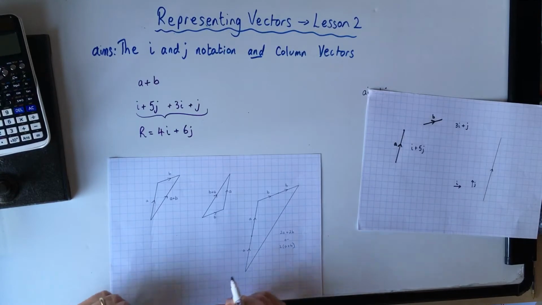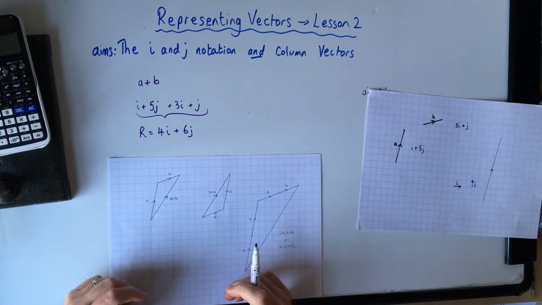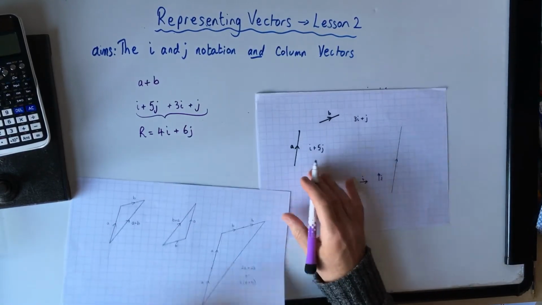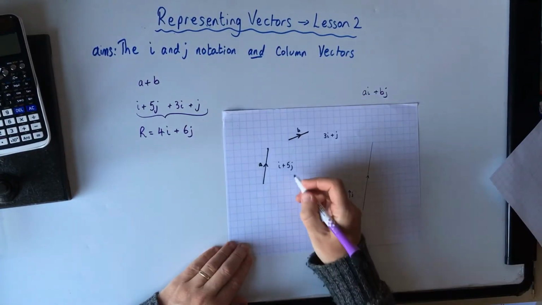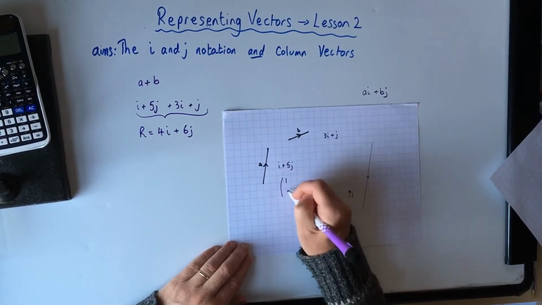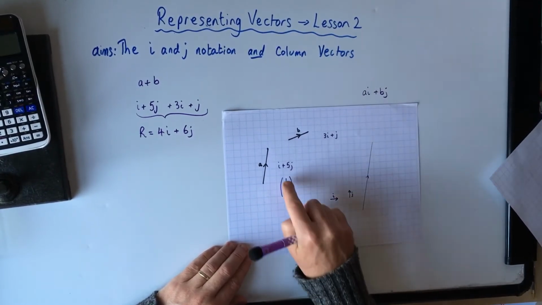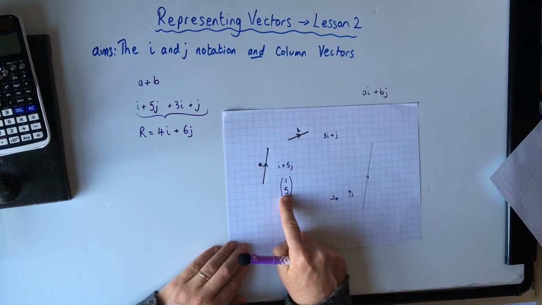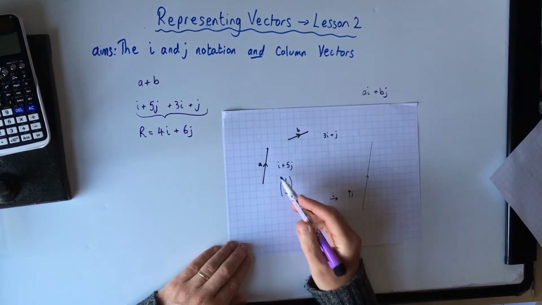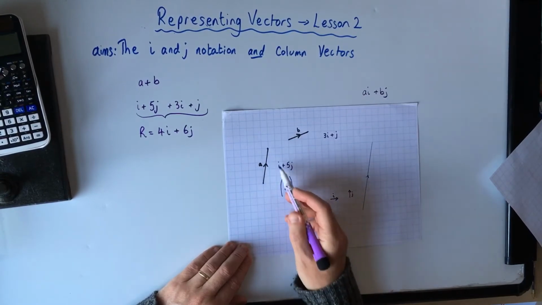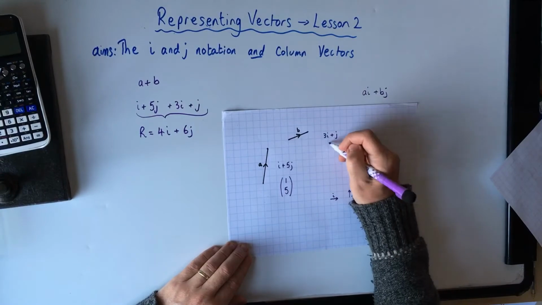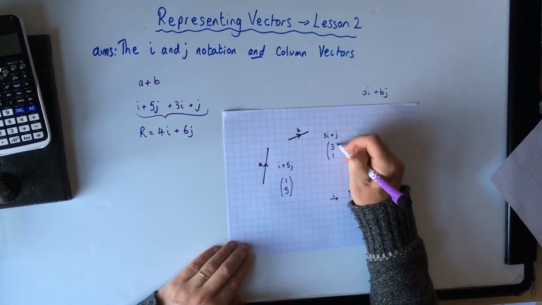The other way of doing this, you've seen it before, is the column vectors. So instead of writing it as i and 5j, they just always put along the x and along the y, top and bottom, along the corridor and up the stairs. So you must get it the right way around. So i plus 5j, you can either write it like that or write it as 1 over 5, the column vector, and of course b is 3 over 1.